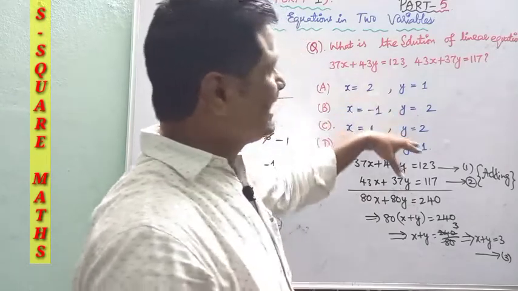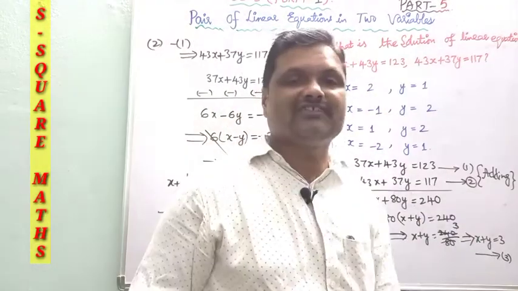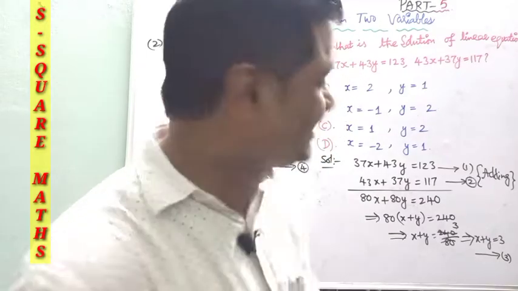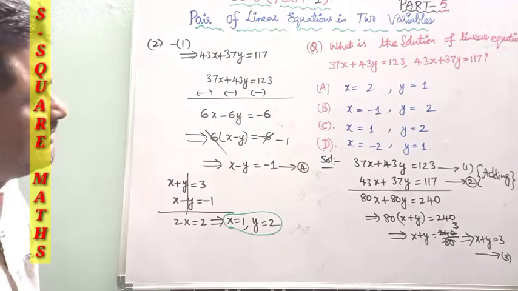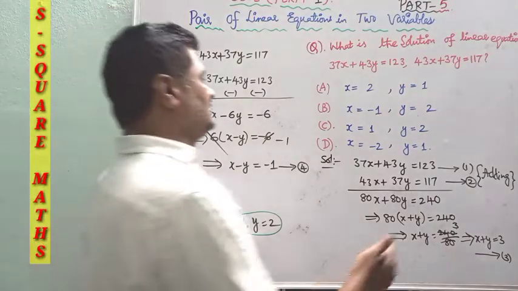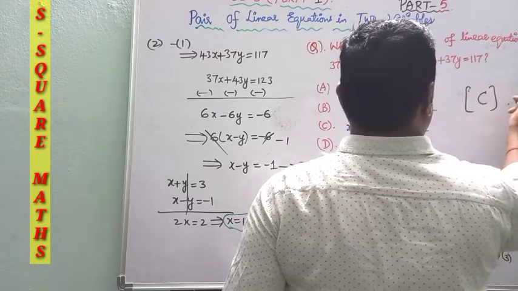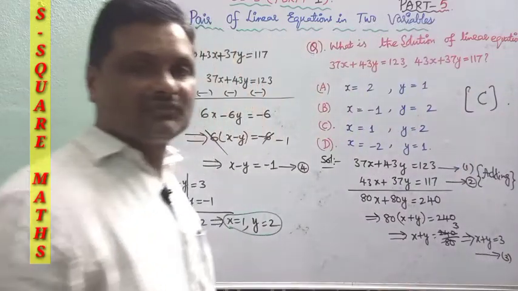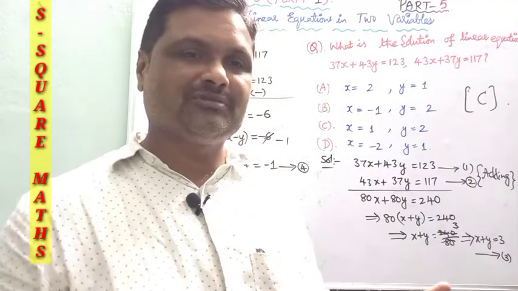If you do it by the trial and error method, it takes much time because the coefficients of x and y are very large. So, finally, with the given data, the option is C. Here there is no elimination and no substitution method directly.